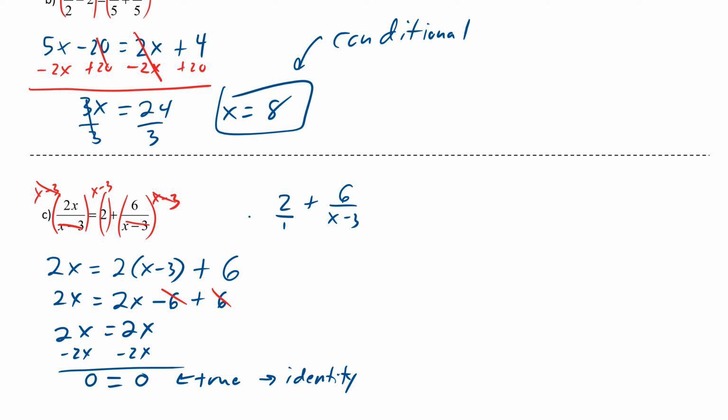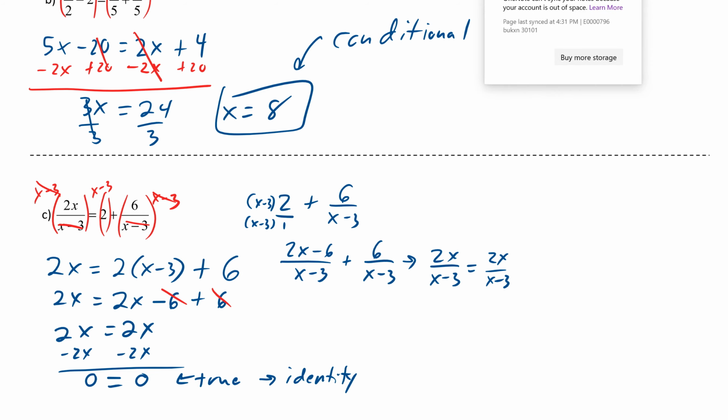If I put this over 1 and multiply by x minus 3 top and bottom, I get 2x minus 6 over x minus 3 plus 6 over x minus 3. See the 6's cancel? This becomes 2x over x minus 3, exactly the same as the other. They are both equal, and that's why they're coming out identity.